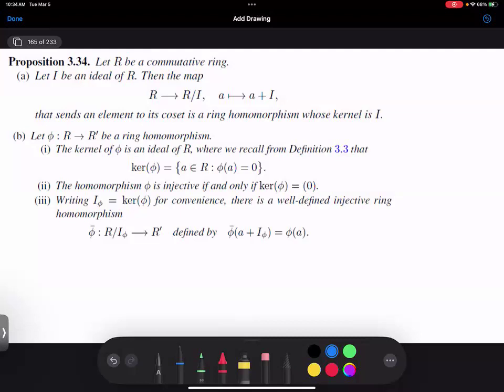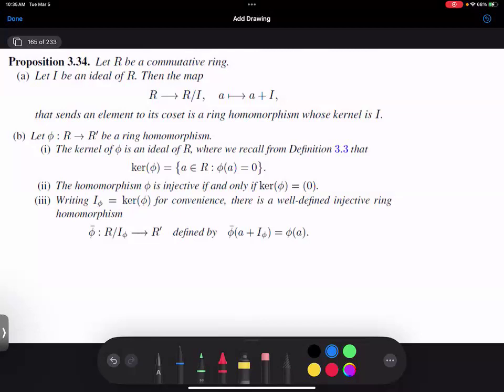And then finally, writing I sub phi for the kernel, there's a well-defined injective ring homomorphism from R mod I sub phi to R prime, defined by sending A plus I sub phi to phi of A. And so what we're doing here is we're taking the ring and we're modding out by all the things that are sent to 0. And when you do that, you then get a ring homomorphism.